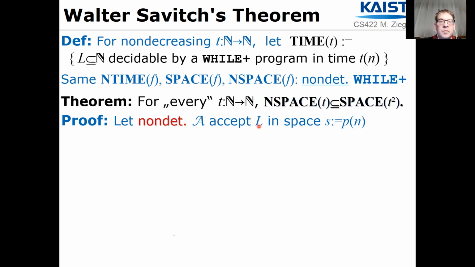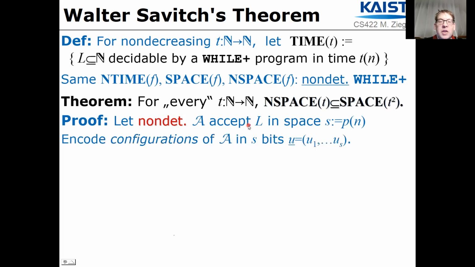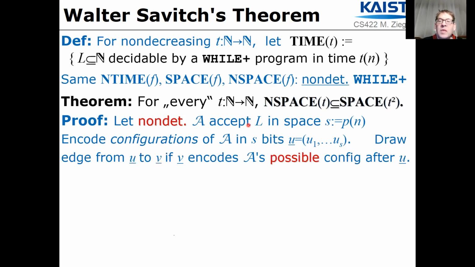So let us look at such a non-deterministic computation and apply the reachability method here a second time, by encoding configurations of the while plus program in bits. But now, since it's a non-deterministic computation, the configuration graph may have nodes with several successors.